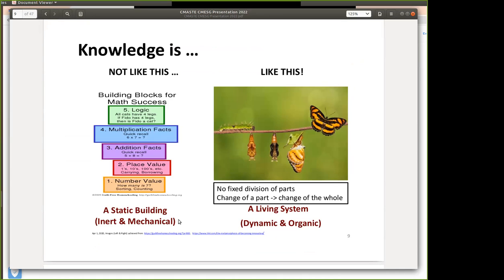Building this structure is like just accumulating the parts. Knowledge is understood as a living system, which is dynamic and organic, and there is no fixed division of parts. The change of any single part can trigger the transformation of the whole.